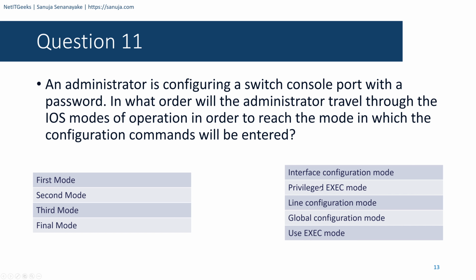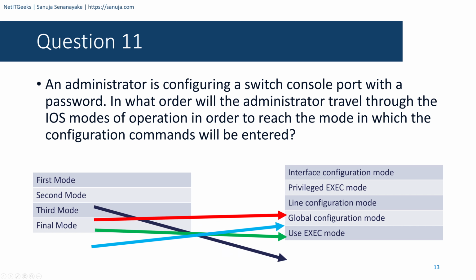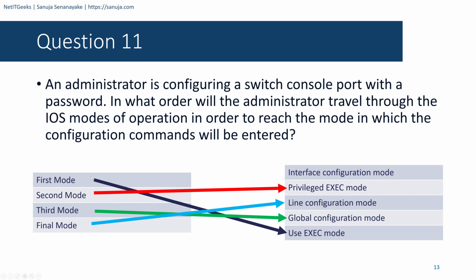And the second mode is going to be the privilege executive mode. So this has to match with this one, and so on and so forth. So the answer to this question will be this. The first mode is the user executive mode, the second mode is the privilege executive mode, the third mode is the global configuration mode, and the final mode is the line configuration mode.